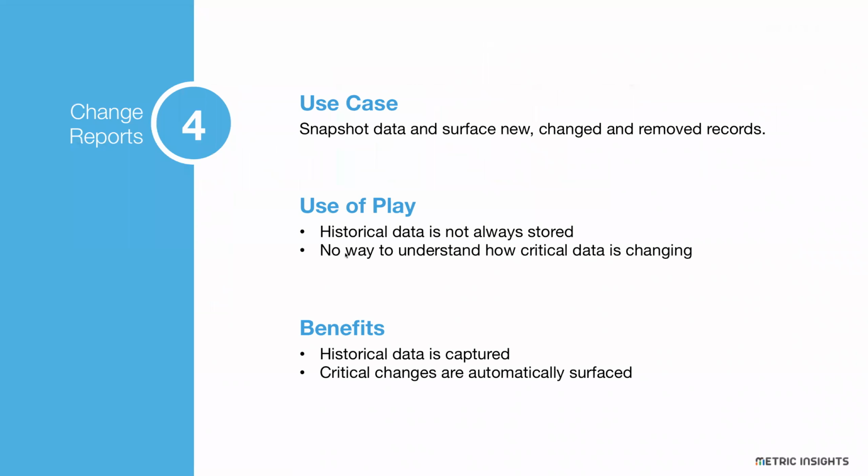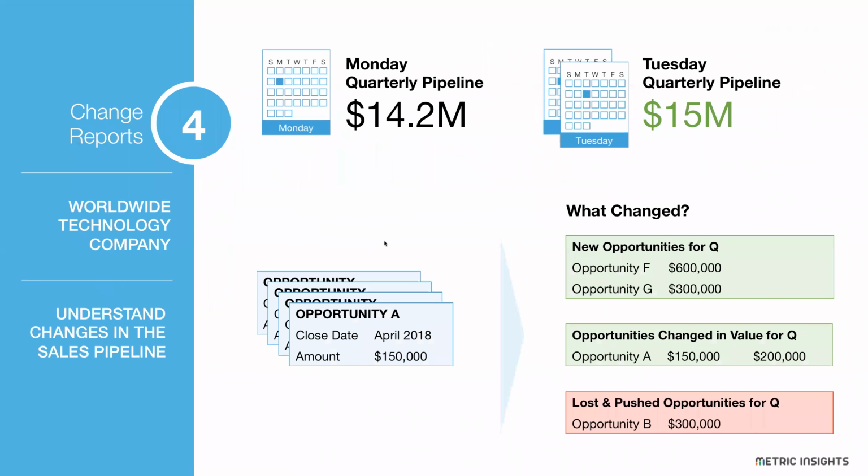All right, slightly different to the exceptions, this time looking at changes. I think a classic use case for customers looking at sales, and we actually use this in our business as well, is where you're tracking a pipeline of opportunities that you're trying to close. You're looking at a snapshot of the pipeline every day. Typically, opportunities have a forecasted close date and an amount associated with them. If that pipeline amount for the quarter changes, you often want to know what contributed to that change.